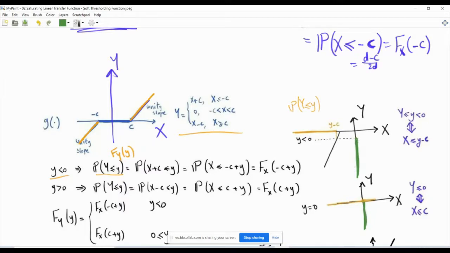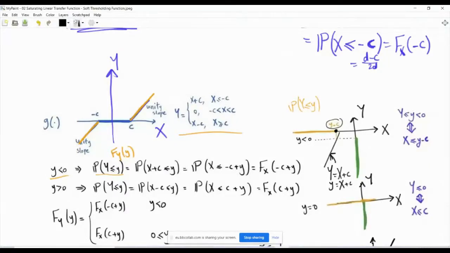So what does this correspond to in terms of the random variable X? If big Y is less than or equal to small y, then big X is less than or equal to what? What is the equation of this line? According to the function definition, this line is y equals x plus c. So if big Y is equal to small y, what will be the value of x? It will be small y minus c, this point here.